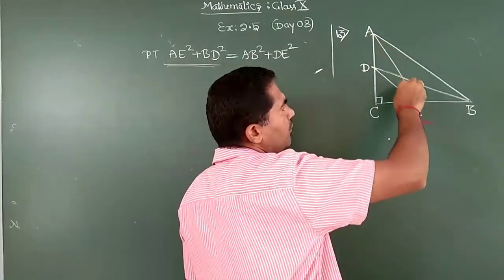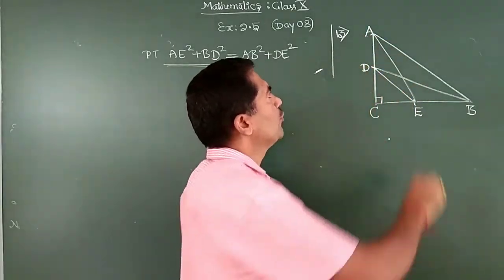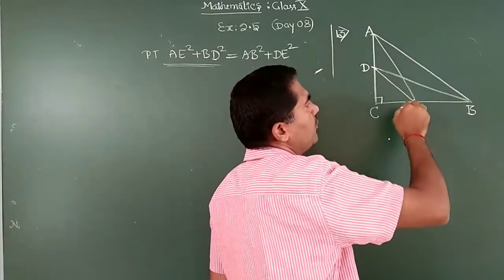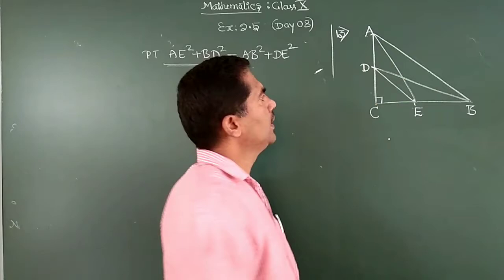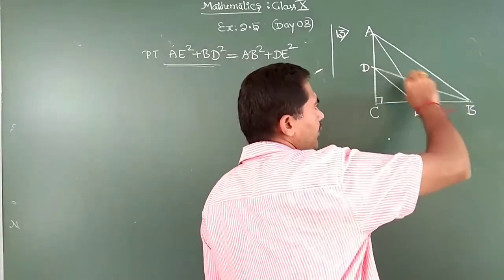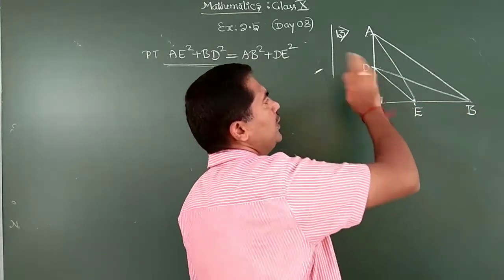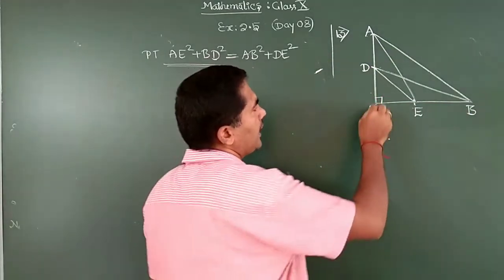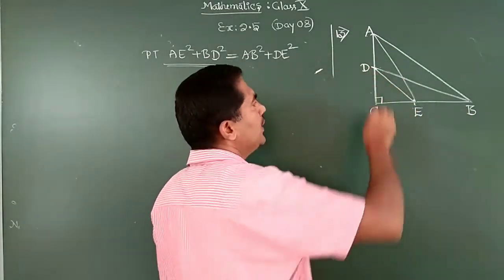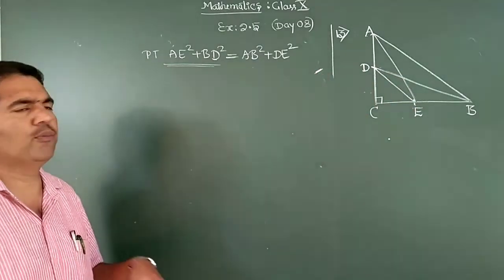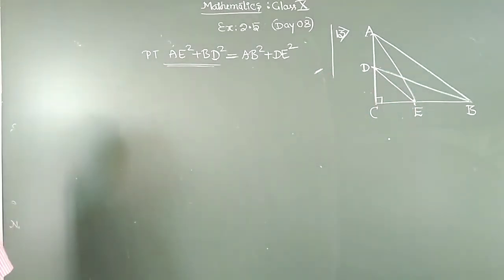In the smaller triangle ACE, AE square equals AC square plus CE square. Triangle BCD is right angled, BD square equals BC square plus CD square. Triangle CDE is right angled, so DE square equals CD square plus CE square. These data are more than sufficient for us. So let us start.